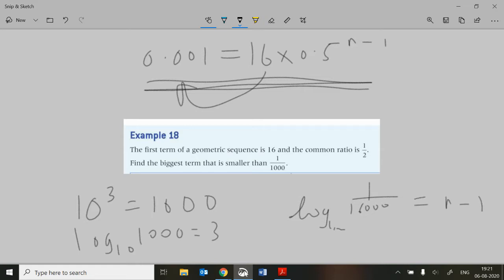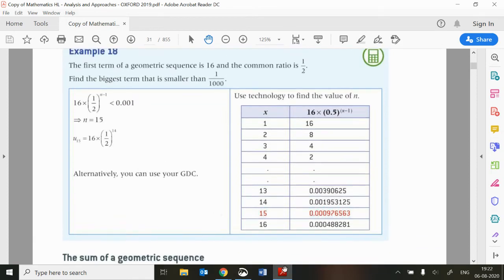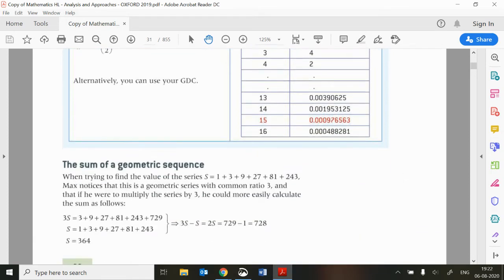That would give you your n minus 1. So you can type that into your calculator, add 1, and that's going to be the first term, which equals 0.001 or 1,000th. You want the next term, of course. Now, they've done it using technology. You now know how to do this with logs. Okay, turns out it's the 15th term.